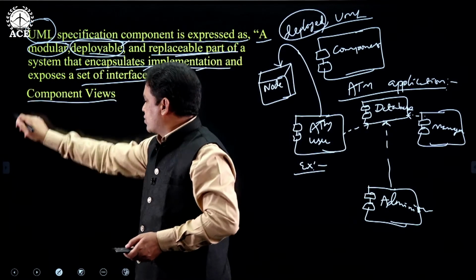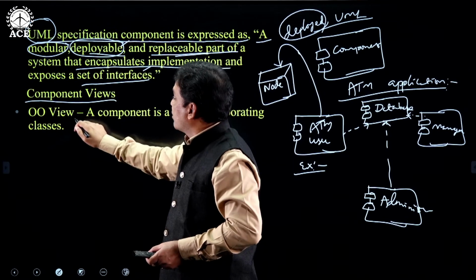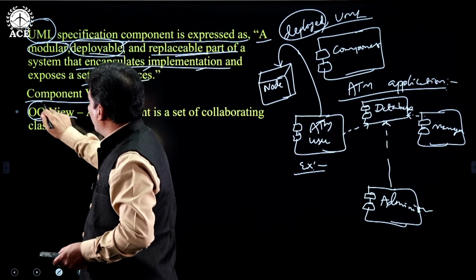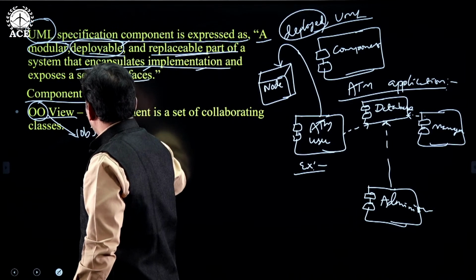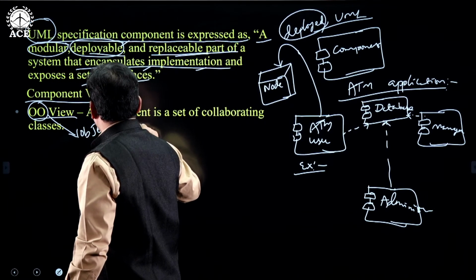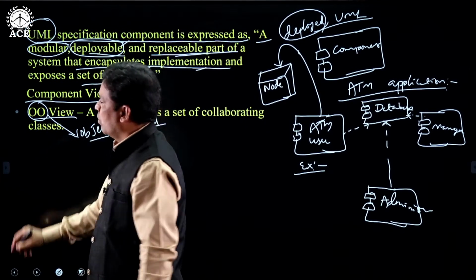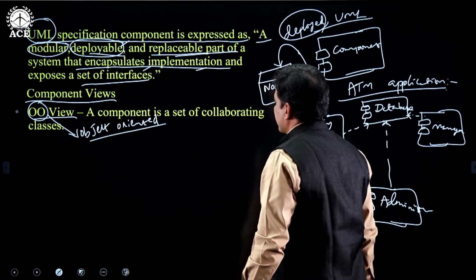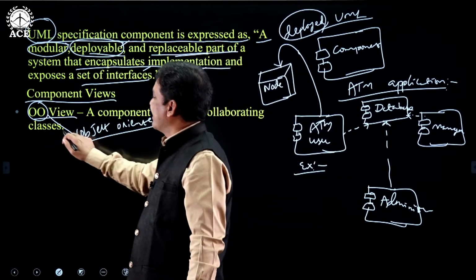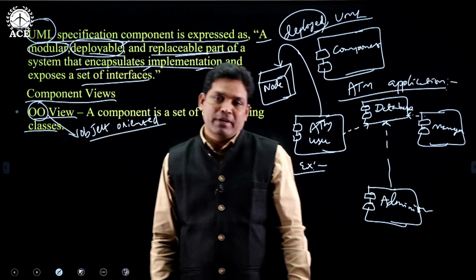And component views. Let's see here. Object oriented: O represents the object oriented view. A component is a set of collaborating classes.